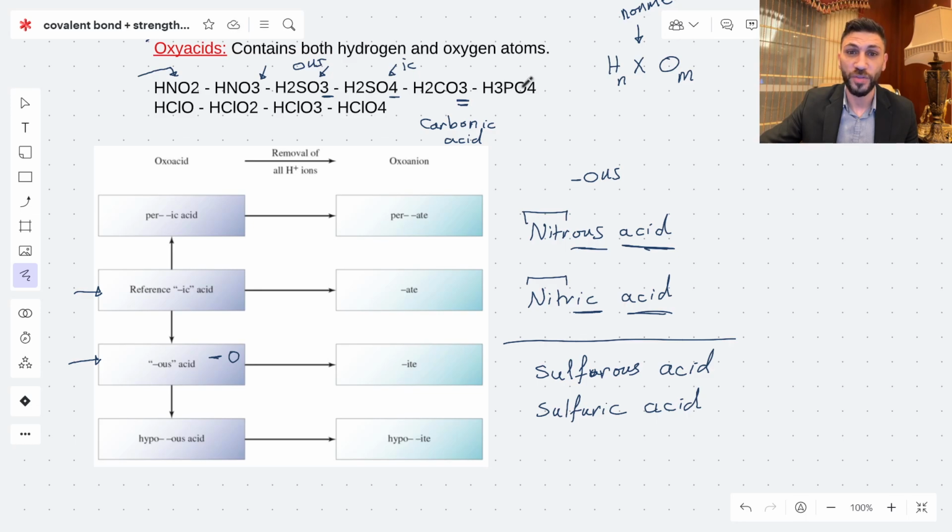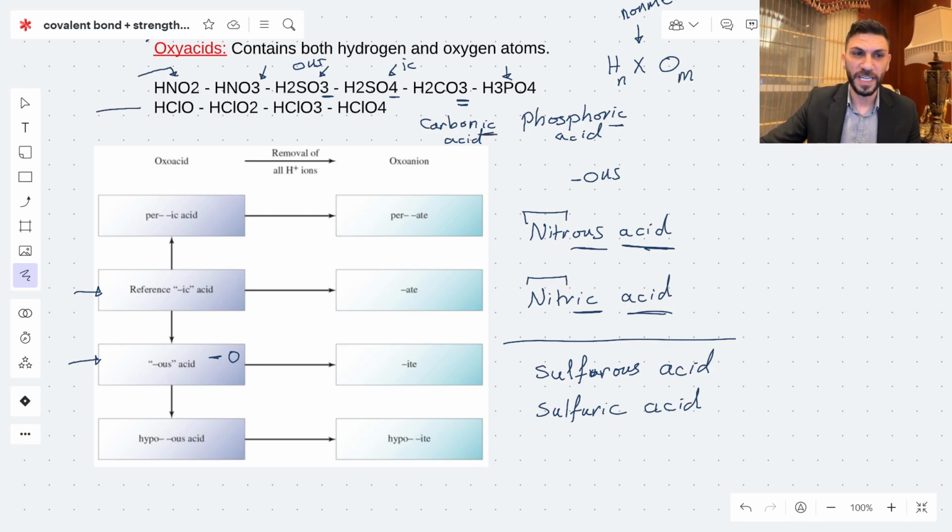We don't have H3PO2 or 3 or 5. So it's only one acid. Because the central atom is phosphorus, it's going to be phosphoric acid, with IC.